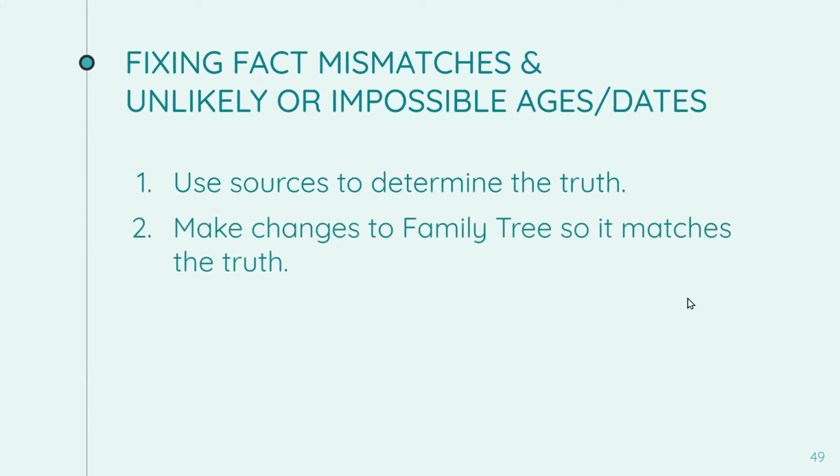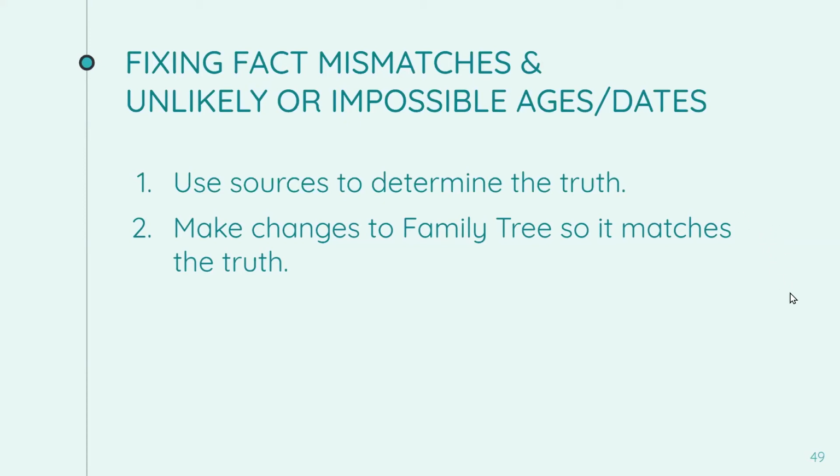Now, that admittedly is a very high level and very simple characterization. Oftentimes, it's not necessarily that simple. You might have conflicting records. For instance, one record gives a certain birth year, the other one gives a different one, or censuses conflict. But these are the general principles, and then you just try to use your best judgment as you apply these principles.